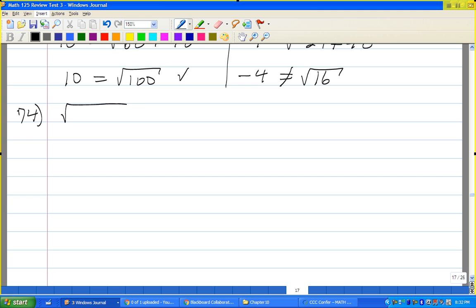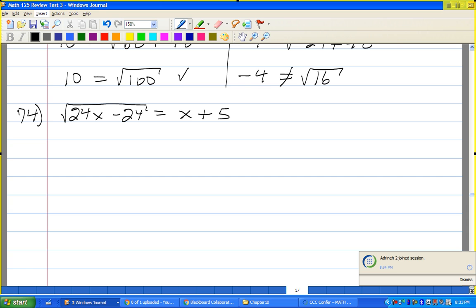Square root 24x minus 24 equals x plus 5. So let me square both sides of my equation to get rid of the square root. And so the square gets rid of the square root.